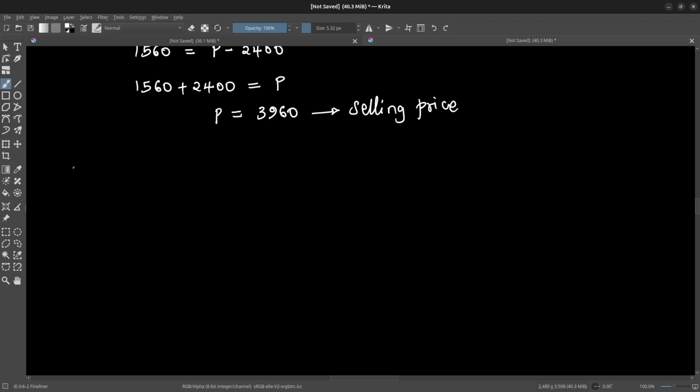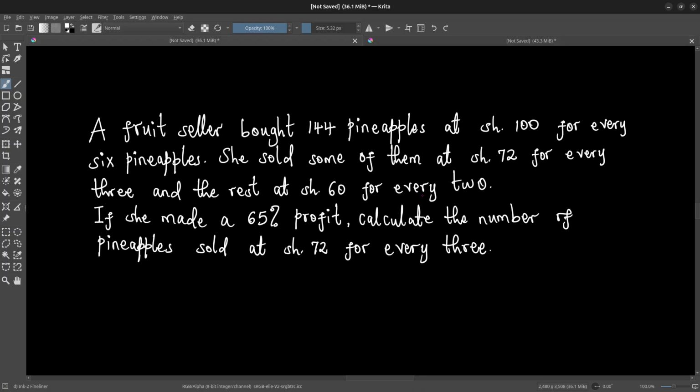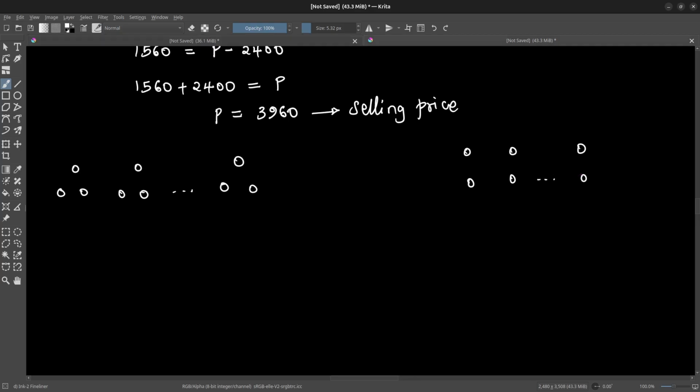So let's say we have the first batch, the second, all the way to the last batch, right? And then on the right, let's have the batches of 2. We have the first batch, the second, all the way to the last batch. Now we are being told she sold some of them at 72 for every 3.